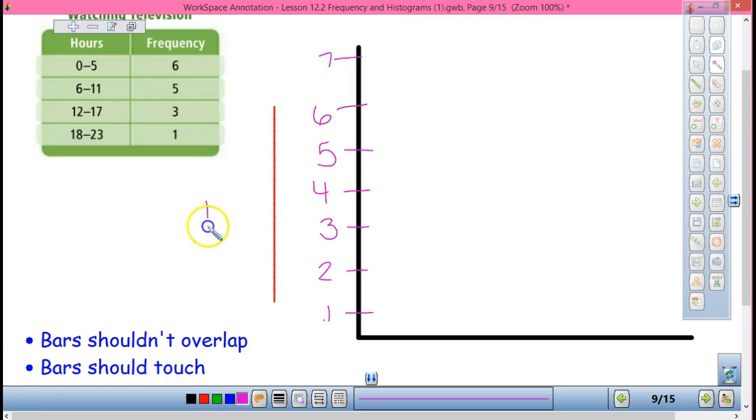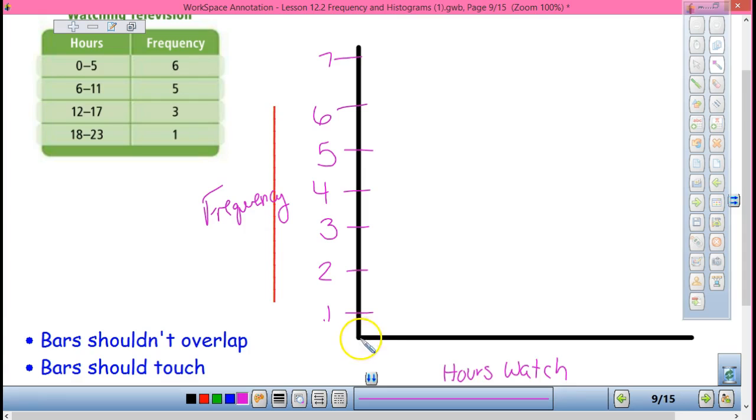And right here, this side is going to be our frequency, and down here is going to be our hours studied. Or watch TV. We weren't studying, we were watching TV. Let's be real. It's a little more realistic of a table there. Well, you know what? I am very realistic.